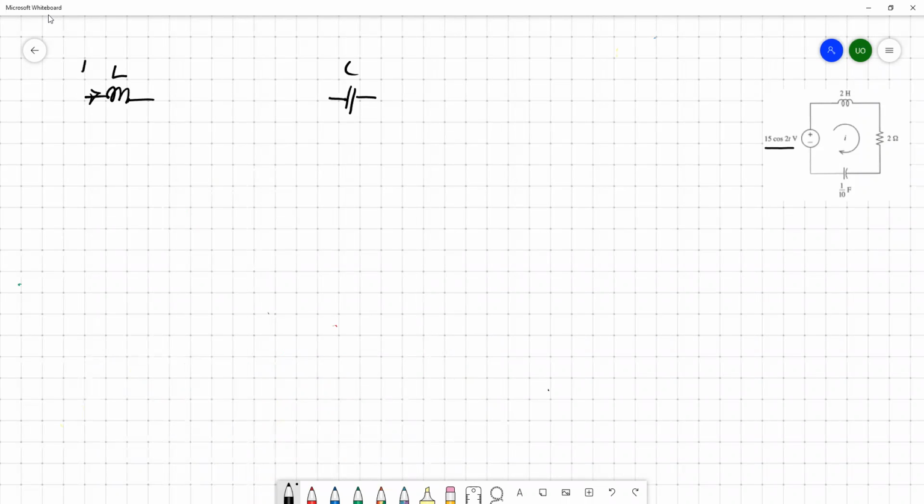So this is IL, VL, IC, VC. So this is the fundamental formula for the inductor. Similarly for the capacitor, this is the fundamental formula, C times the derivative of the voltage.